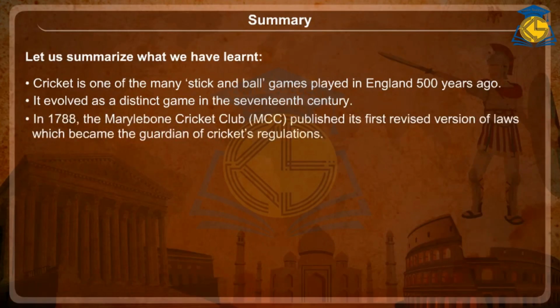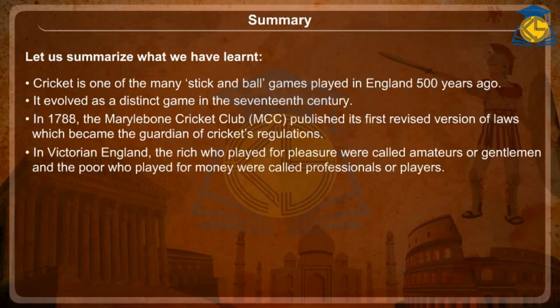In 1788, the Marylebone Cricket Club published its first revised version of laws, which became the guardian of cricket's regulations. In Victorian England, the rich who played for pleasure were called amateurs or gentlemen, and the poor who played for money were called professionals or players.